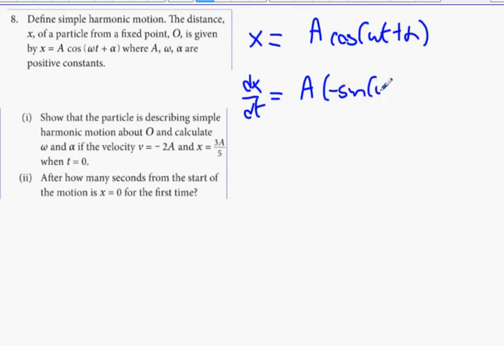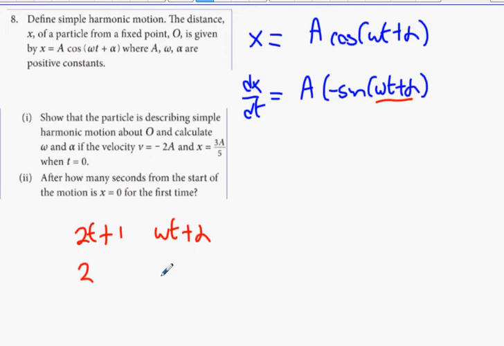The angle remains unchanged. Now, you're differentiating with respect to t. So what gets affected in here? The t. So it's the number that comes beside the t. If you differentiate 2t, you get 2. If you differentiate 2t plus 1, you still get 2. If you differentiate omega t plus alpha, what are you going to get?